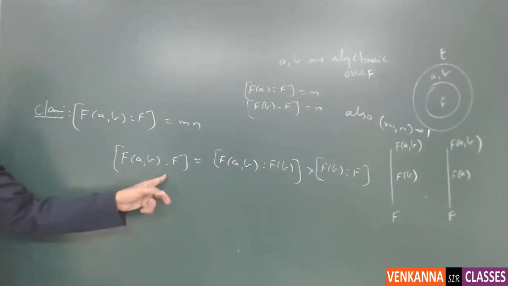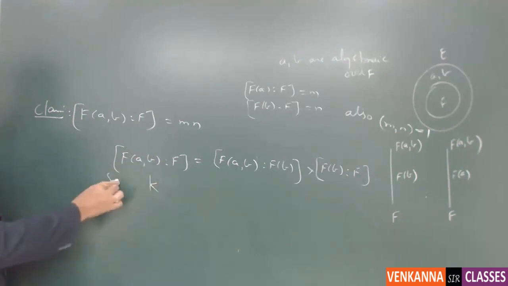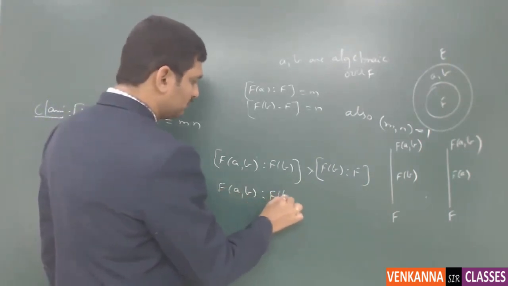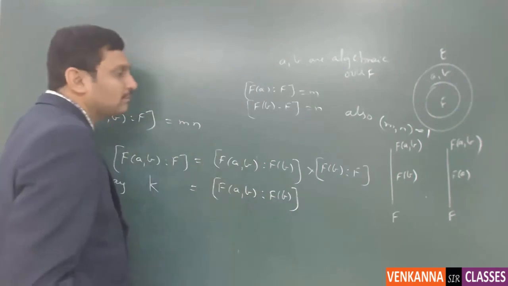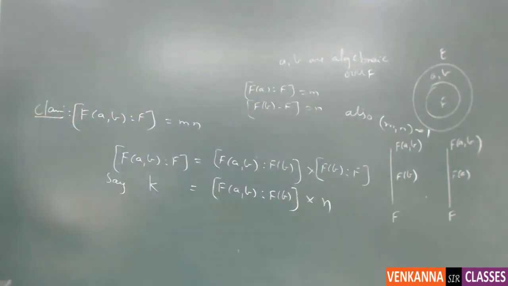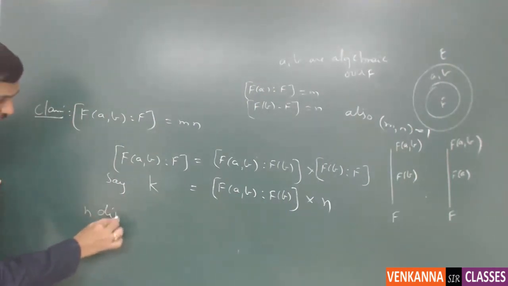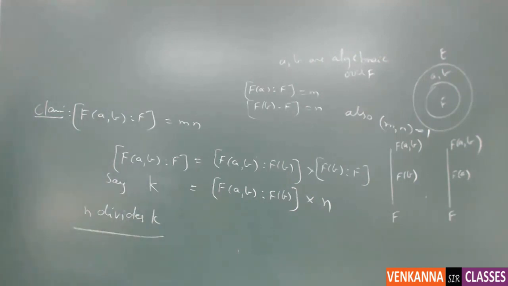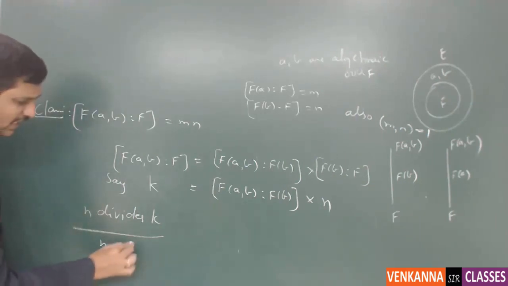F of AB over f, we don't know this value. Let us say this value is k. So this is equal to f of AB over f of B into n. So from this we can say that n divides k. Accepted? In other words, you can say n is less than or equal to k.